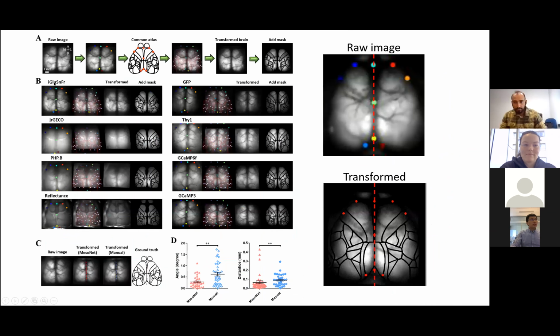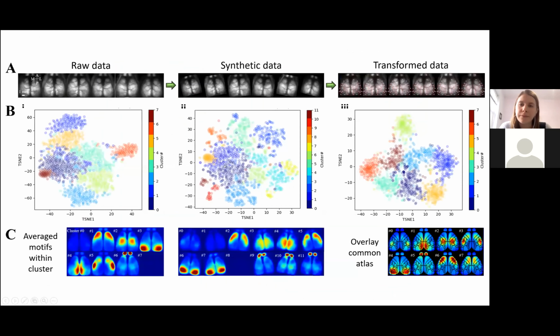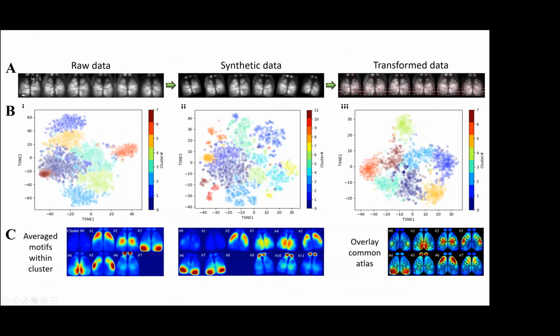In addition to rescaling the atlas to the brain, we can also rescale the brain to a common atlas. After transforming the brain, we can better align the brain images in the same common coordinate system, and then better classify and quantify the brain data.